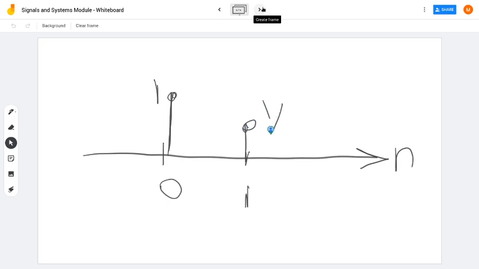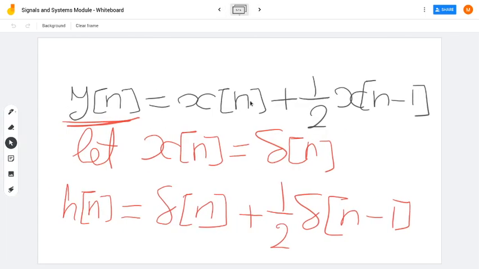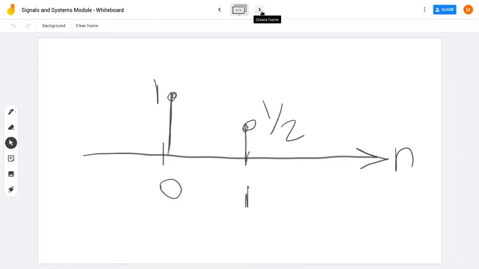It's 1 delta of n plus 1/2 delta of n minus 1. So this is the impulse response we have, h of n, and this is the first part of the question.